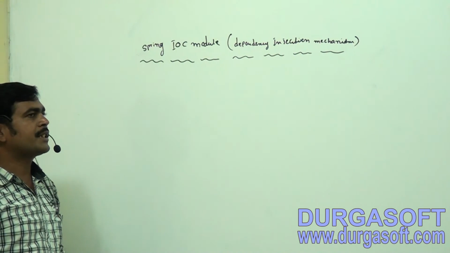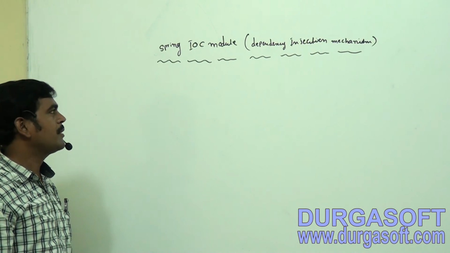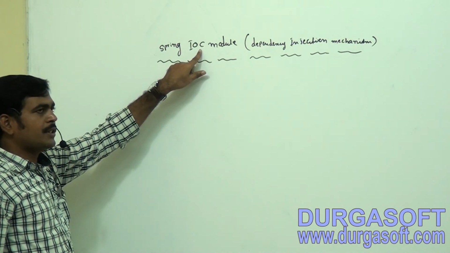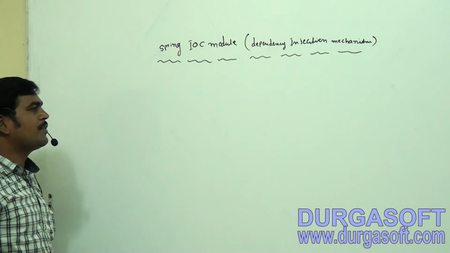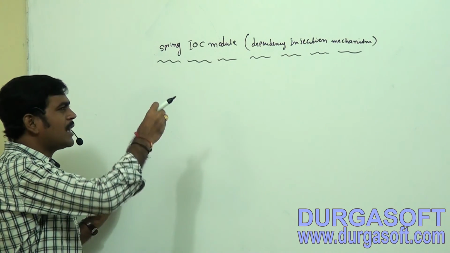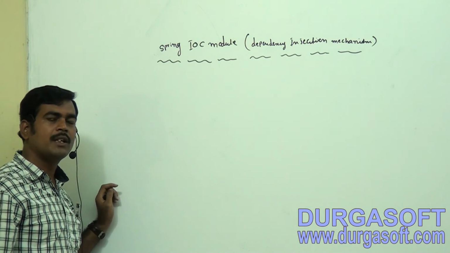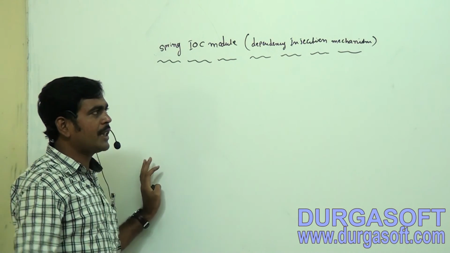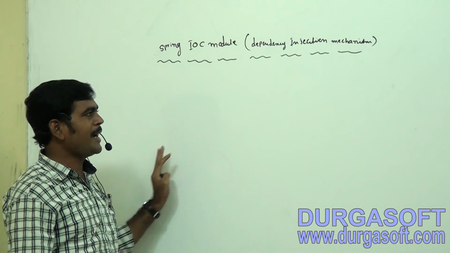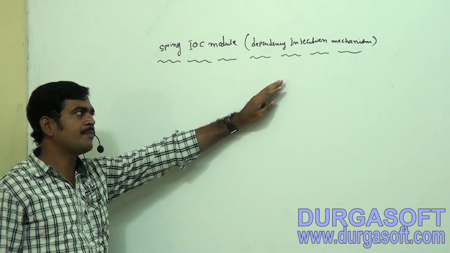Now try to understand here very carefully. IOC means inversion of control. This is just the abbreviation. What is the meaning of inversion of control? As a Java programmer, your responsibility is to implement the business components.